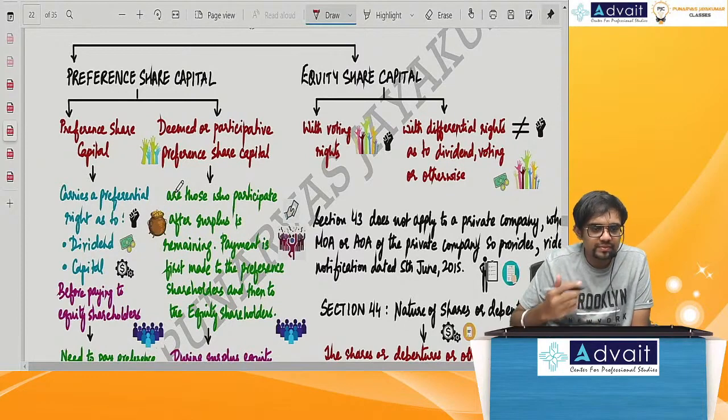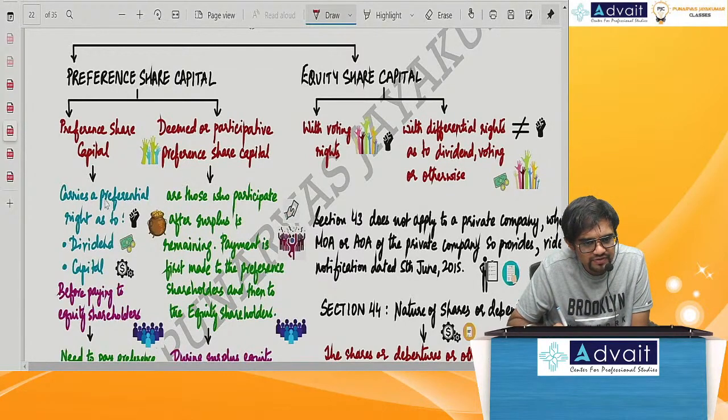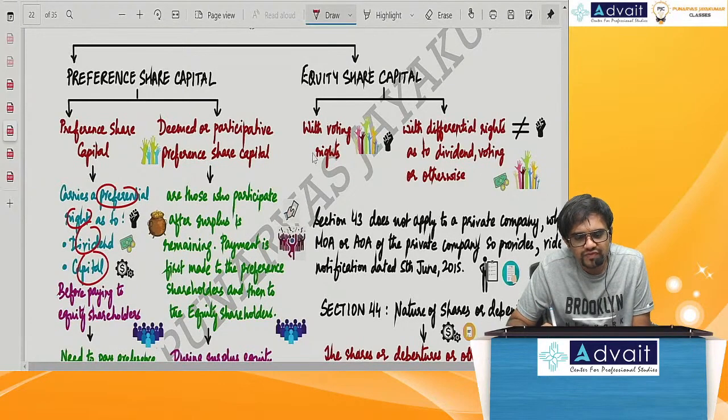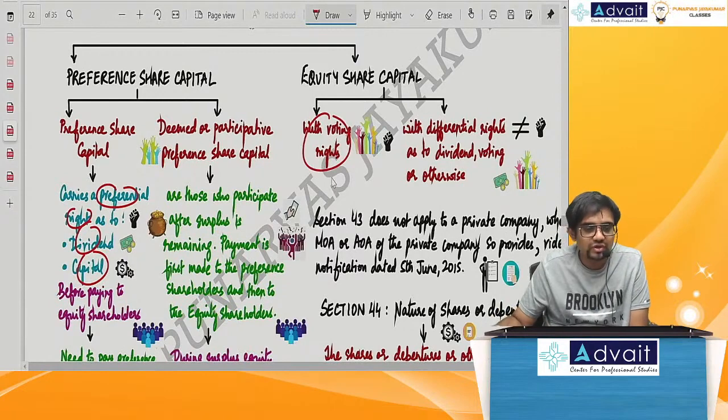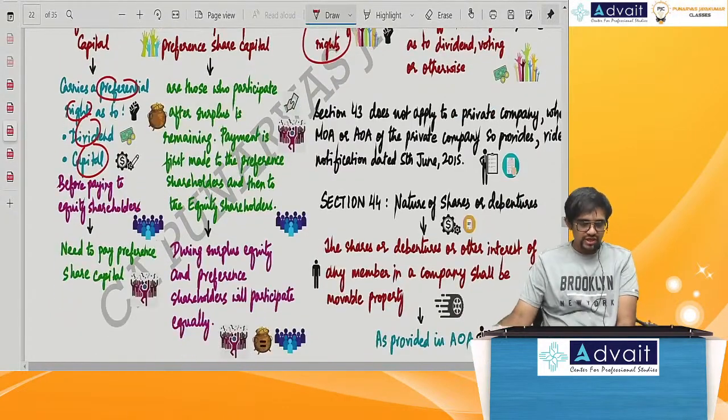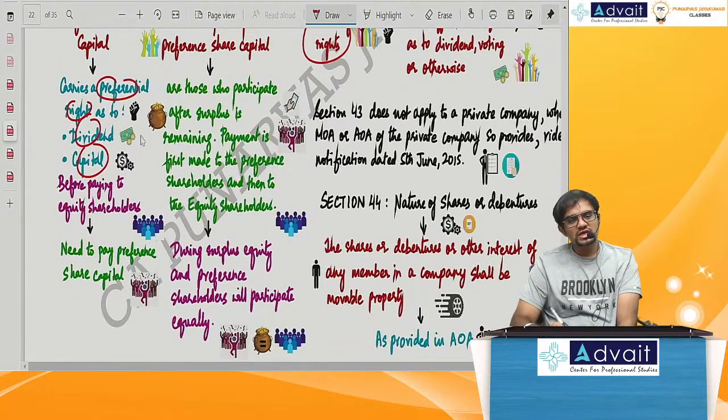Very simple. Preference share capital carries a preferential right as to dividend and capital. Equity share, obviously, is a share which has voting rights. Preference shareholders do not have any voting rights as such, unless there is a separate preference shareholders meeting and all those things.